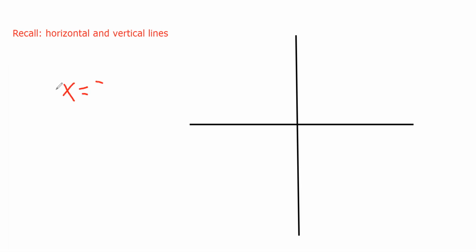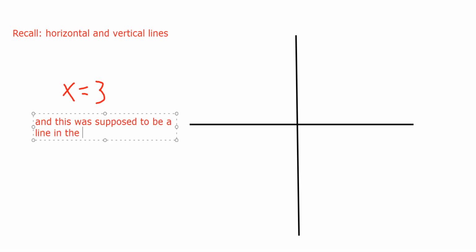Remember, if you had the line x equals 3, and this was supposed to be a line in the xy coordinate plane, whenever it's an x equals equation, it's going to make a vertical line.